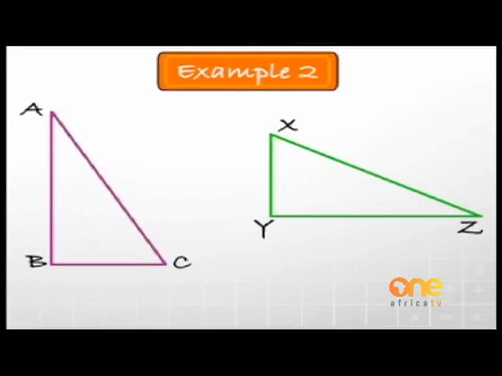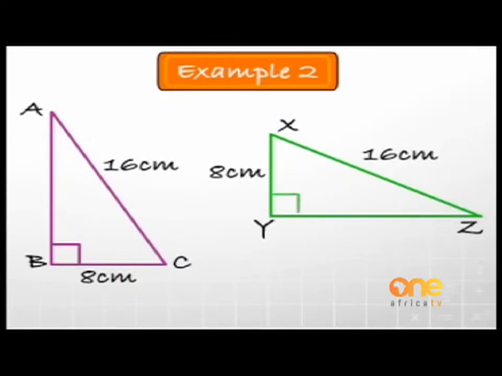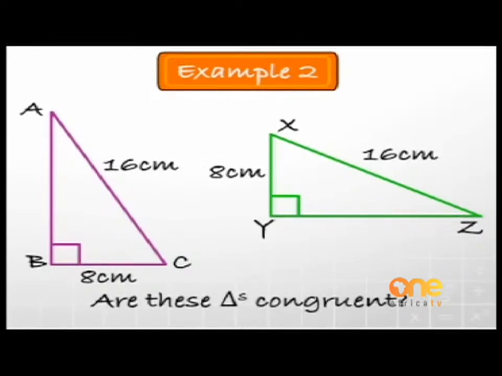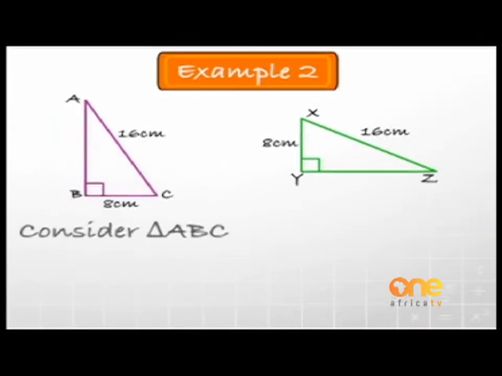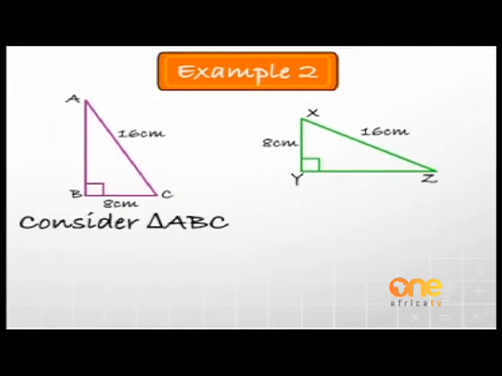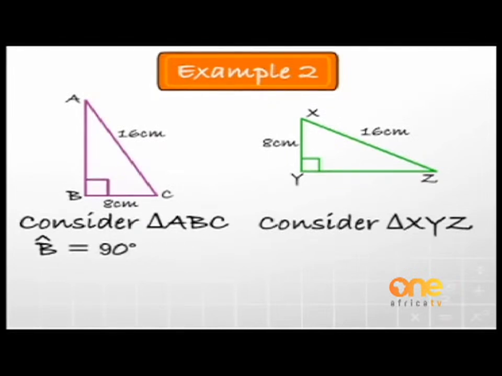We have two triangles, each with a side of 8 centimeters and 16 centimeters and a 90 degree angle. We are asked to prove whether these triangles are congruent or not. So, we're going to consider triangle ABC, and we're going to consider triangle XYZ. In triangle ABC, we can see that angle B is a 90 degree angle, and in triangle XYZ, angle Y is the 90 degree angle.